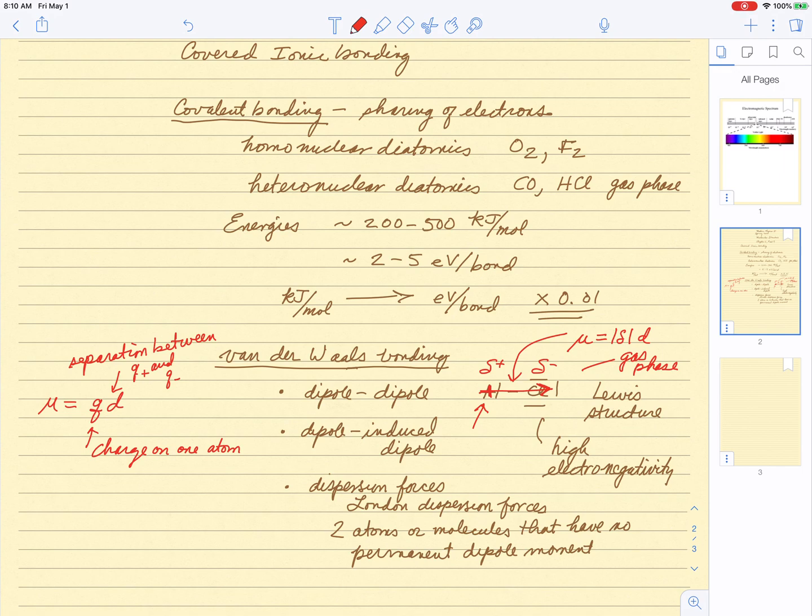And so you'll know the SI units are going to be in units of Coulomb meters.